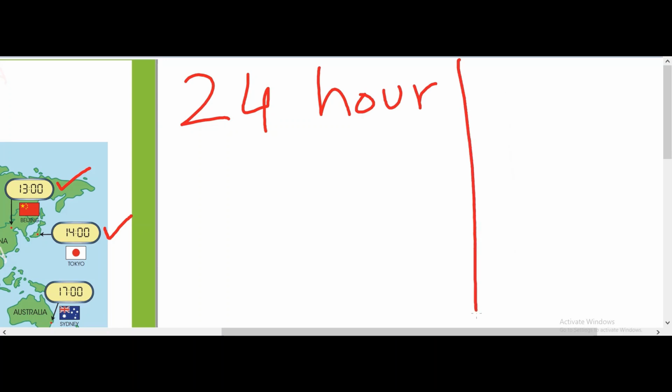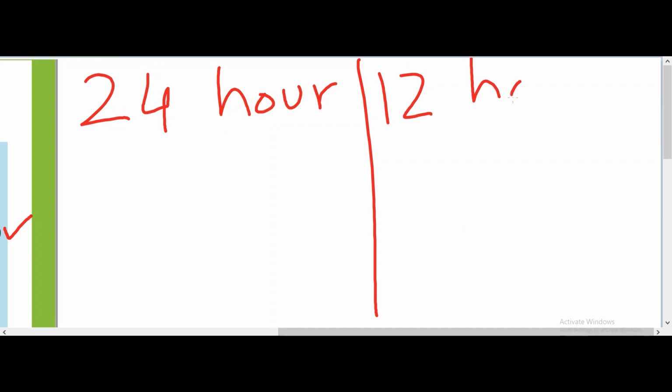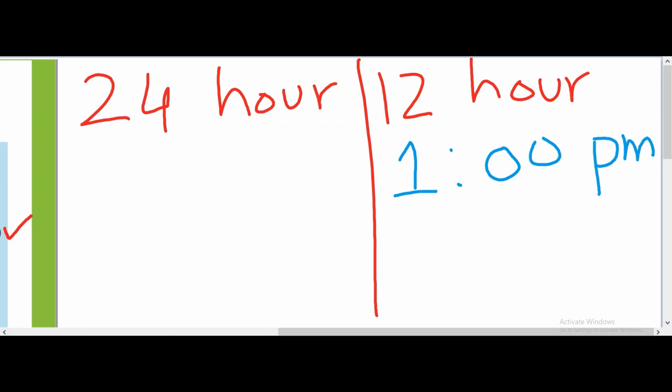Let me tell you right here. When it is 24-hour clock and when it is 12-hour clock. Okay, if the time in 12-hour clock is 1 p.m., we will write the time in 24-hour clock as 13 o'clock.